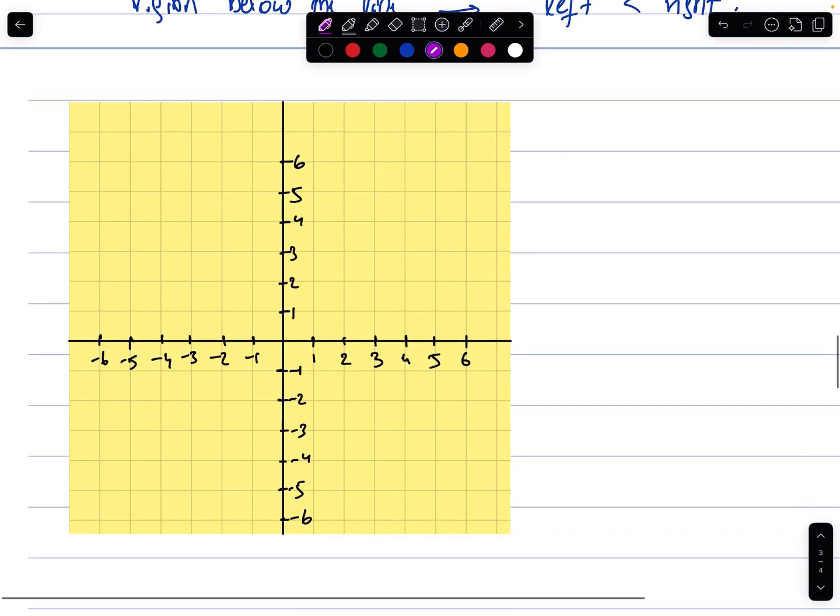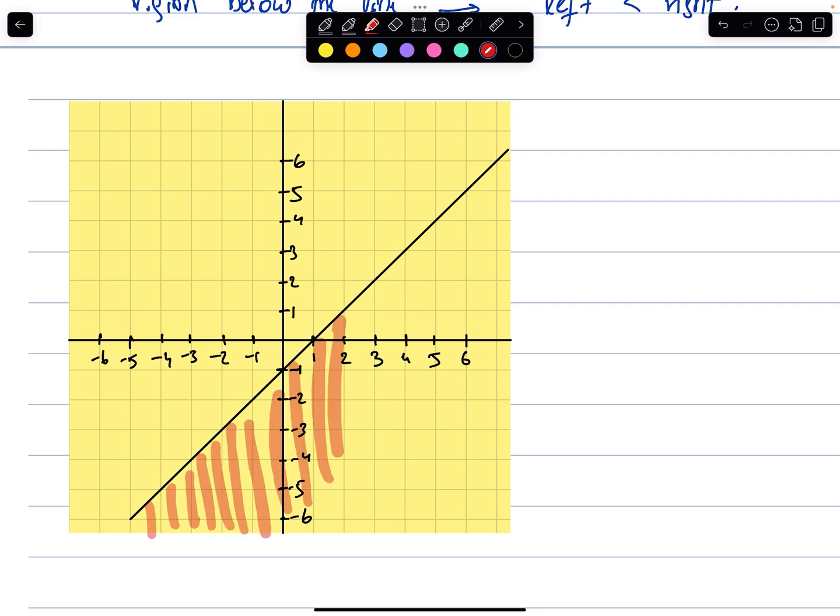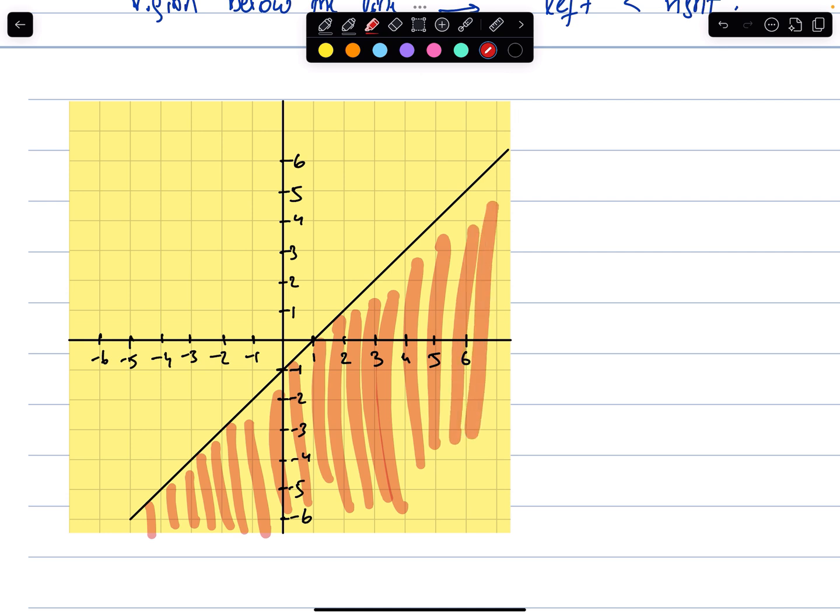All right. Now, let's say we have something like this going on. I draw a line, something like this. And I shade this region. ठीक है?